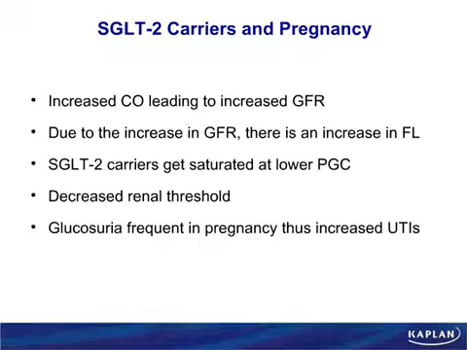So in pregnancy, you very commonly see glucose in the urine, and that's why the obstetrician commonly checks the urine to make sure that there's no UTIs, because you get frequent UTIs due to this effect.